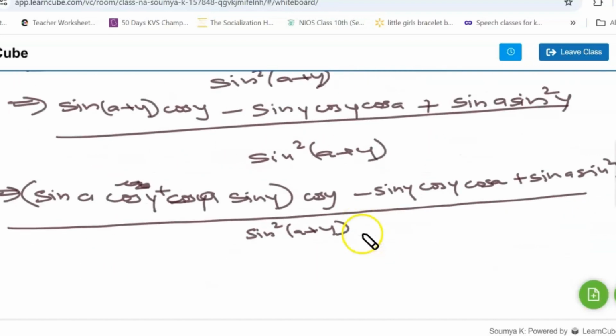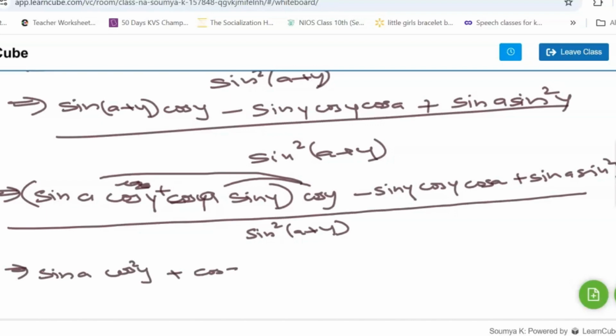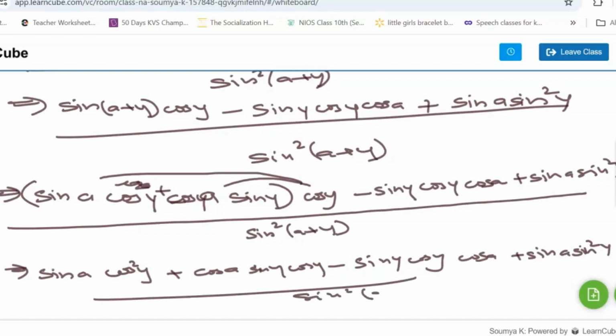Now you have to multiply this cos with both the terms, that will give you sin a cos square y plus cos a sin y cos y minus sin y cos a plus sin a sin square y, whole divided by sin square a plus y.